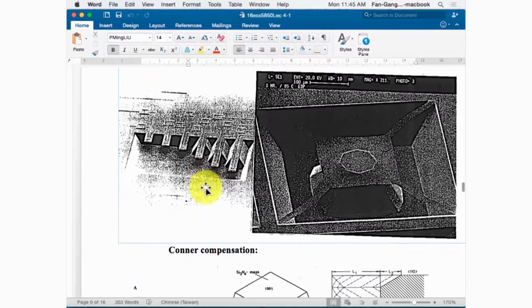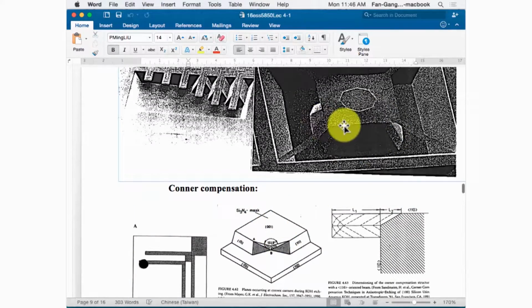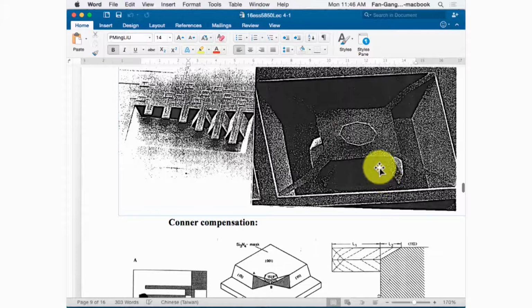So you want to make a mesa structure, for example, like this. However, because the corner will be attacked, as I mentioned, if you don't make any effort, you never form this kind of beautiful structure. You always get something like this on the top here. The corner will be attacked, and you become more like a cone structure instead of a mesa.